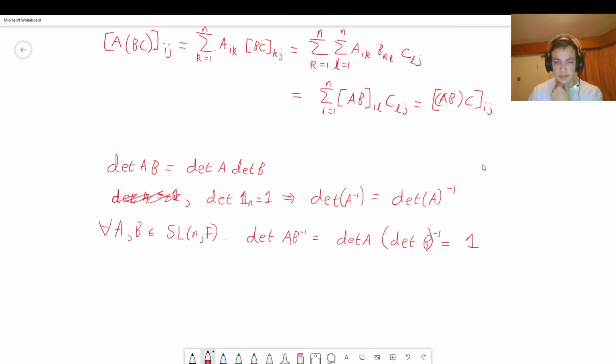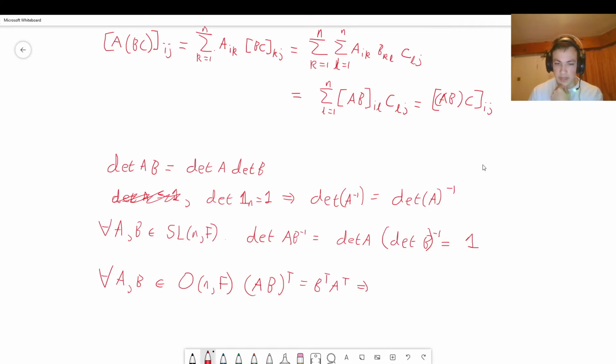Okay, for all A, B in the orthogonal group O_n(F), we have that (AB) transpose is equal to B transpose A transpose.